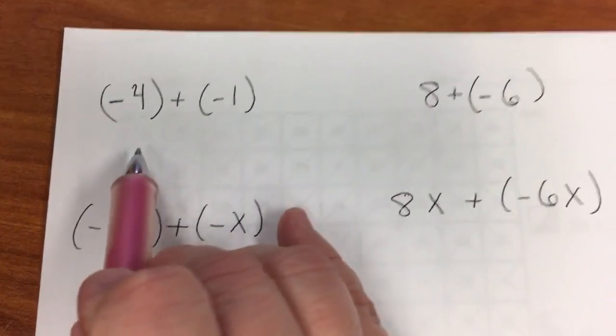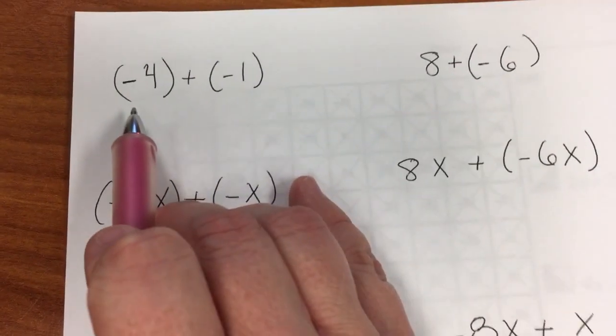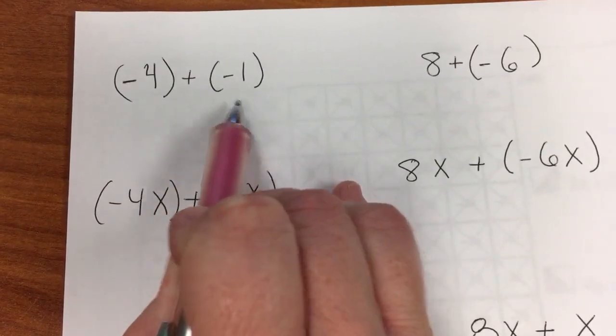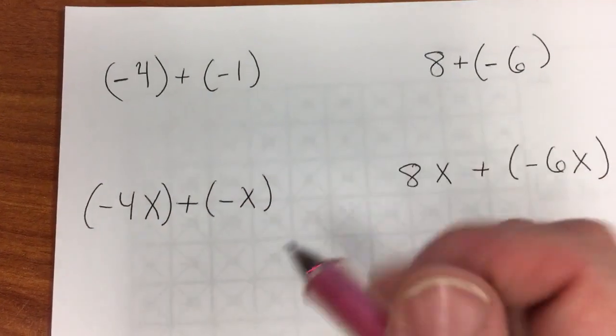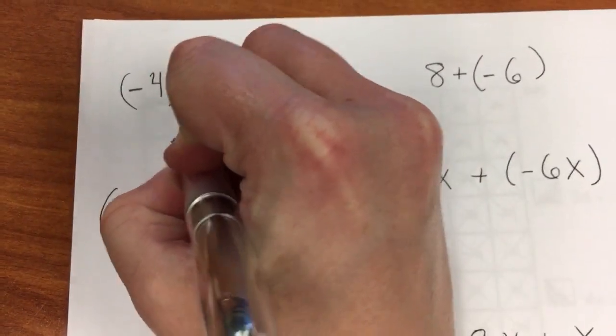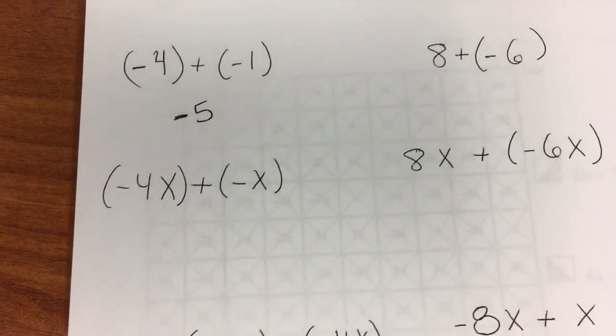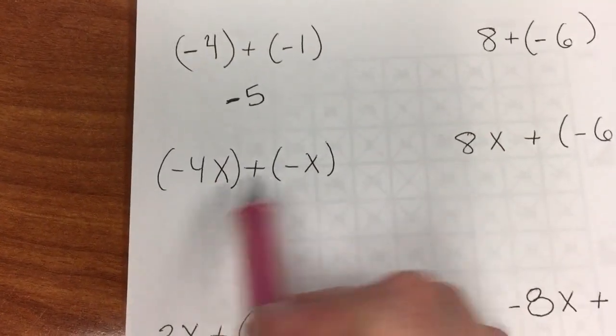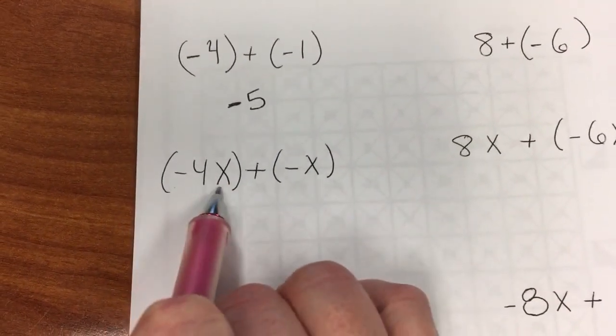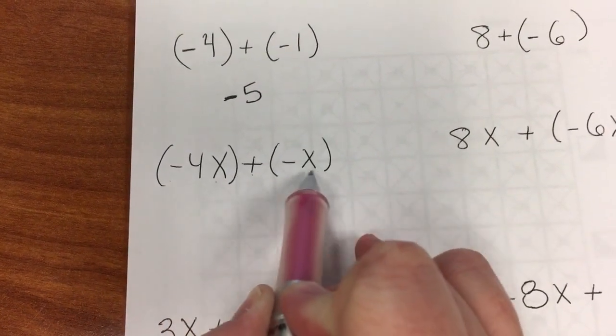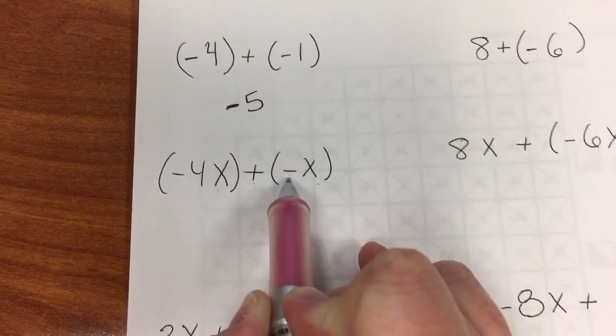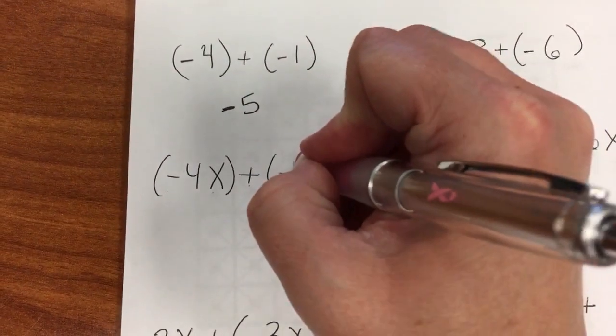So let's think about those integers. I have negative 4 plus a negative 1. When I'm adding these, I'm just going to combine them, and I get negative 5. Well, if I throw in some x's, negative 4x plus negative x, I have to remember that this negative x is negative 1x.